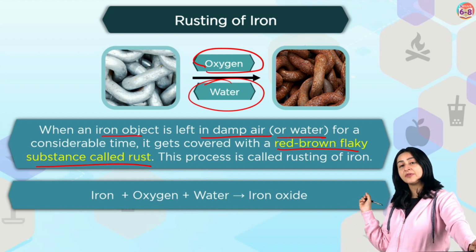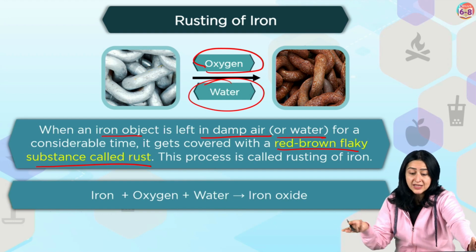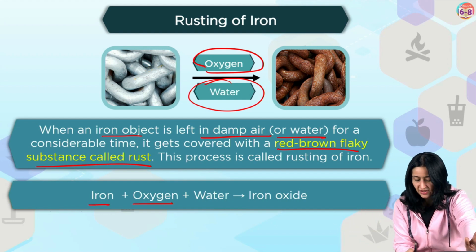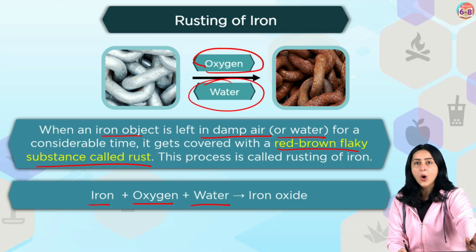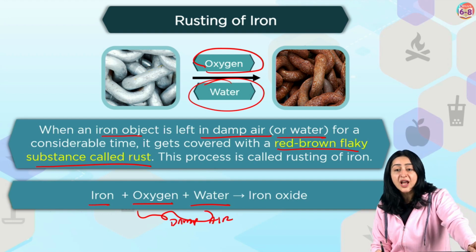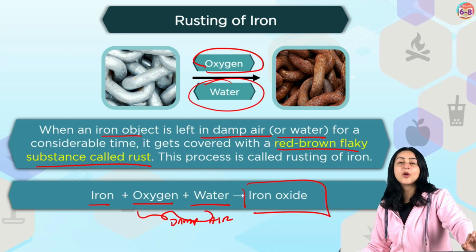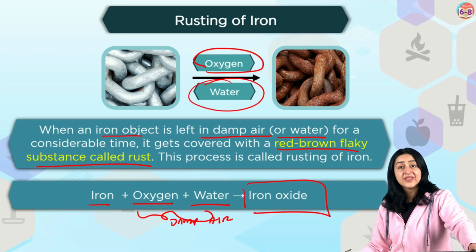You have iron reacting with oxygen and water, which is basically damp air. The new product that is formed is iron oxide, and this is the process of rusting.